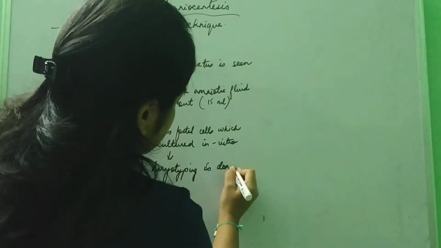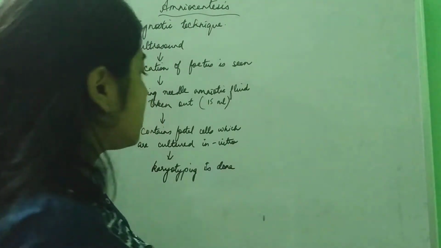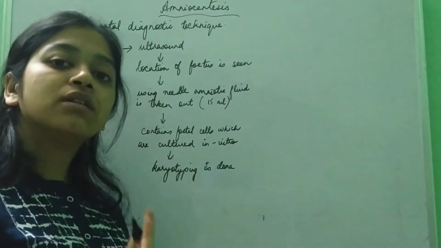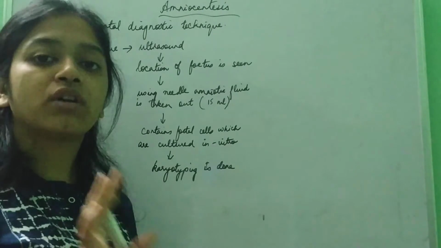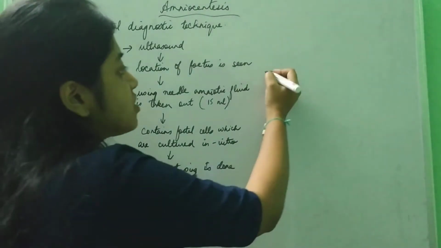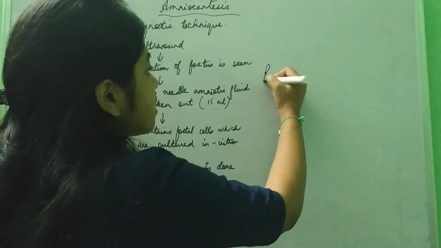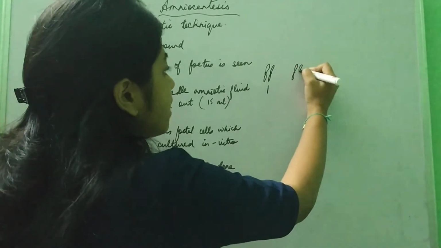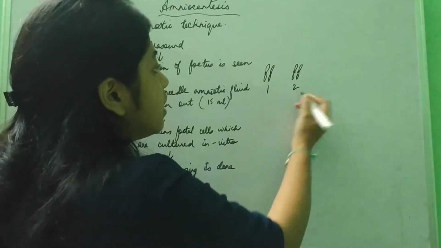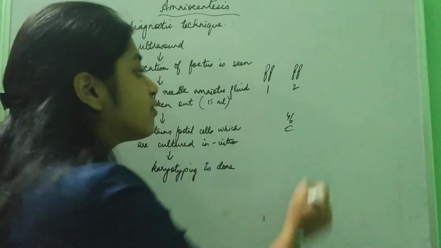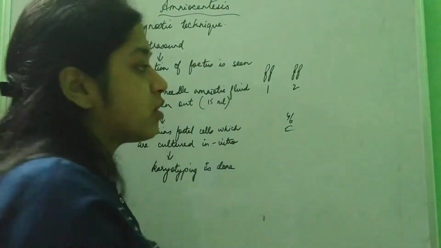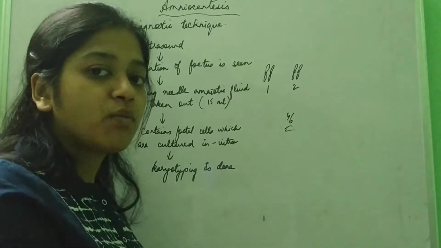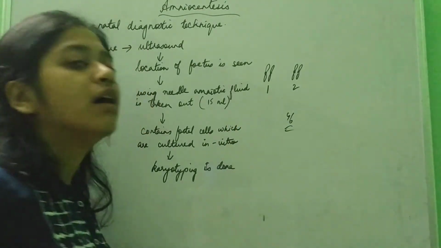Karyotyping is staining and arrangement of all the chromosomes in the fetus. Means all the 46 chromosomes are arranged number wise. Suppose this is the first pair, chromosome 1, then the second pair, chromosome 2. Like this, all the 23 pairs of chromosomes, including the sex chromosome also, are arranged.